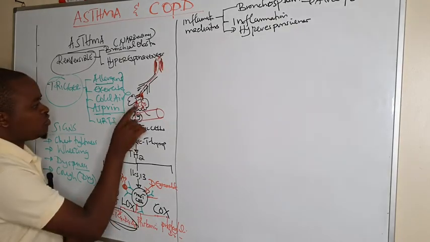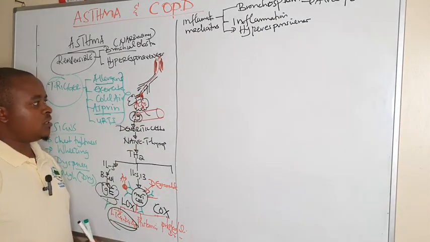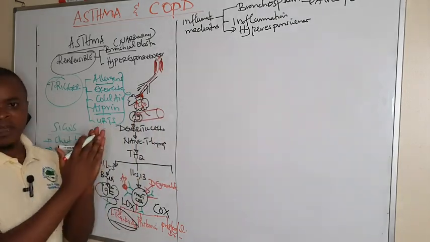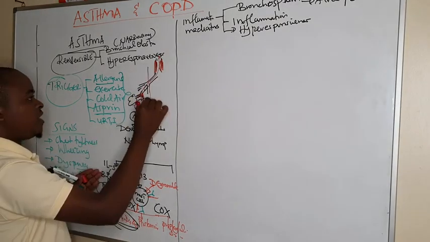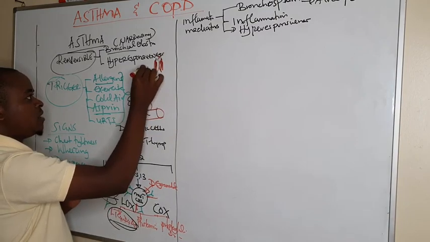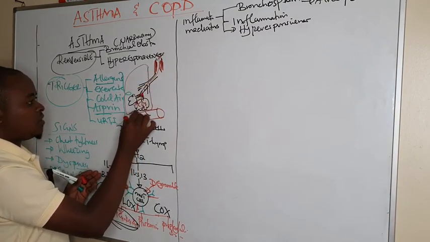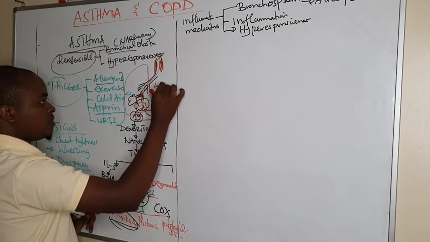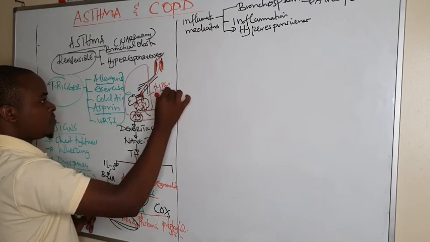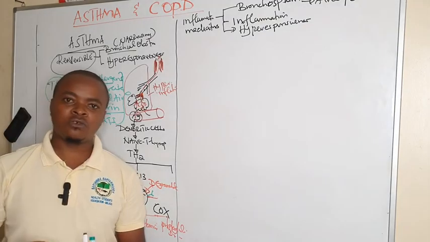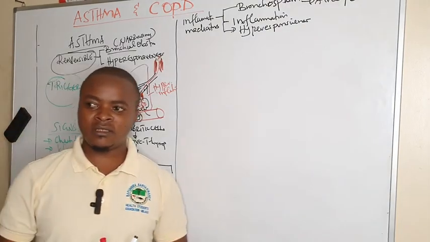So this accumulation of carbon dioxide is going to cause hyperinflation of the lung. So if here there is a lung, the diaphragm is going to flatten and increase in size. So it results in hyperinflation. Hyperinflation results due to accumulation of carbon dioxide.